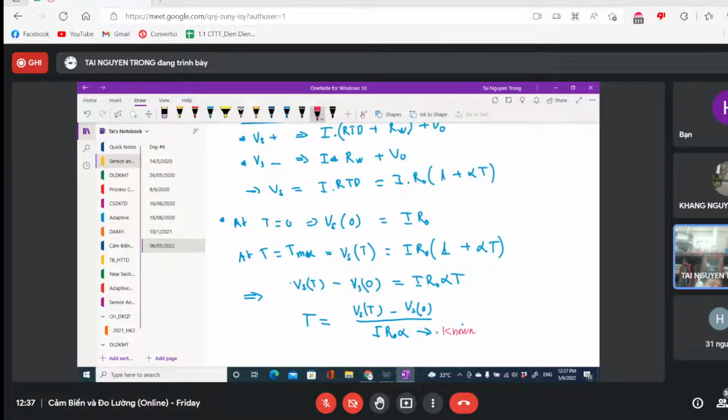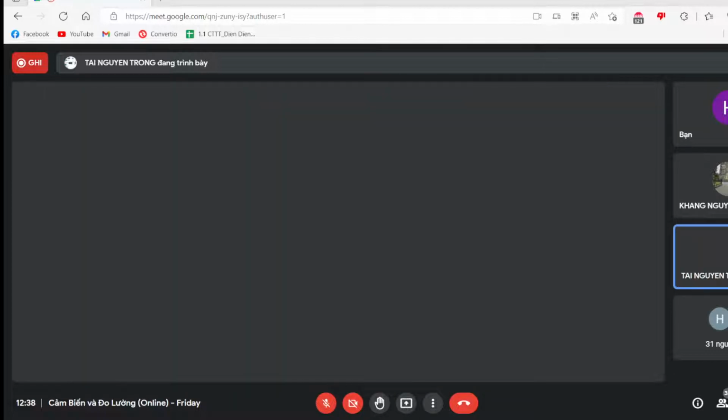And then it will be easy to get the value of T. The value of T has a linear relationship to VS. It will be linear, but the other one cannot be linear.